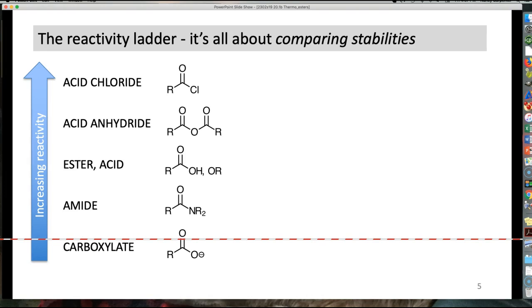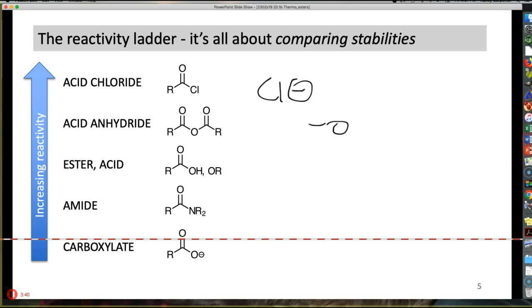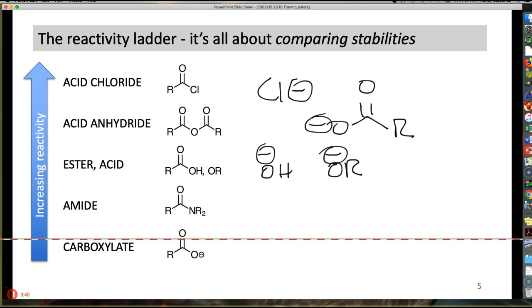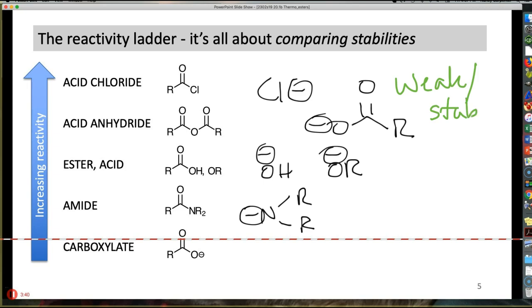Alright, so this is all summarized very nicely in what we call the reactivity ladder. It's all about comparing the stabilities of these carboxylic acid derivatives. When you think about the leaving groups that are being kicked out, it's really evident based on pulling everything together that we've learned over the course of this OChem 1 and OChem 2 that, boy, these leaving groups up at the top are nice and weak and really stable.